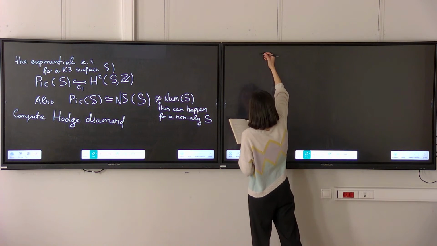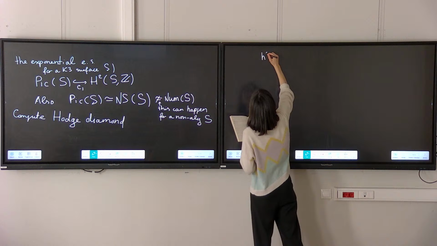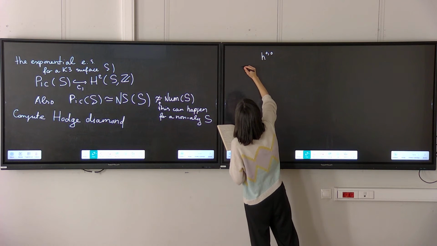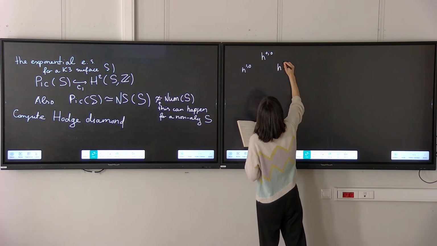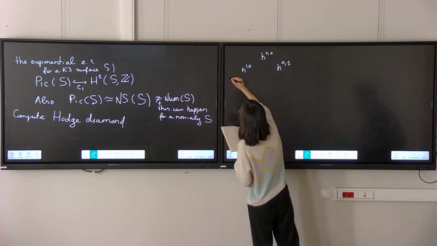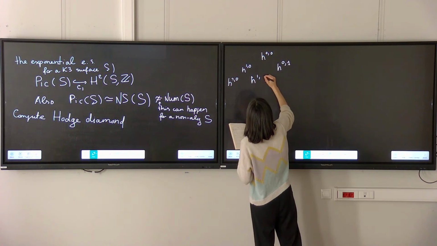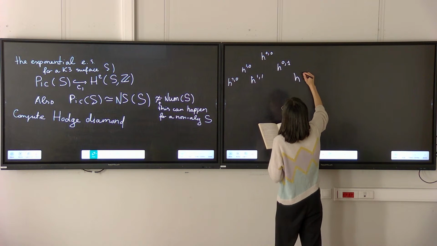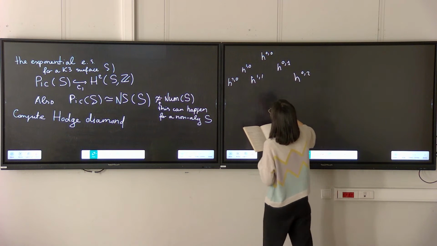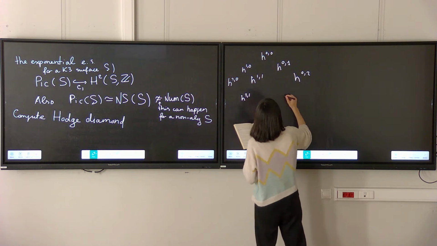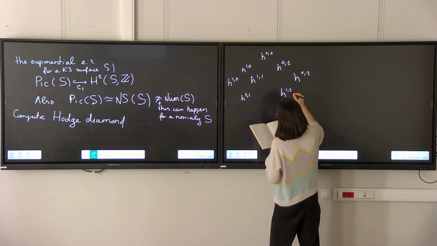For a surface, these are the following numbers: H1, H2, H11, H20, H21, H12.